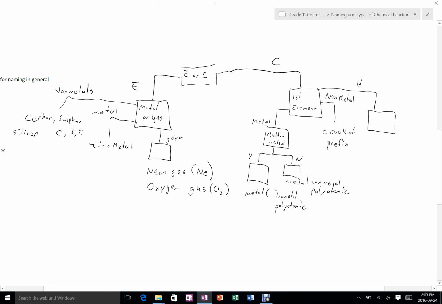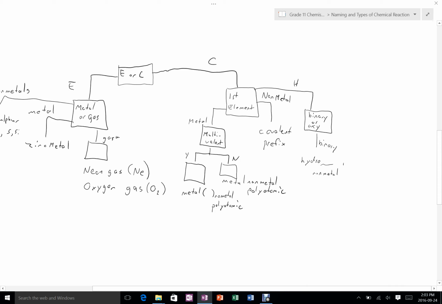So we have to ask ourselves, do we have a binary or oxyacid? If it's a binary, then we use hydro, then we have the name of the nonmetal, and then we add ic acid.